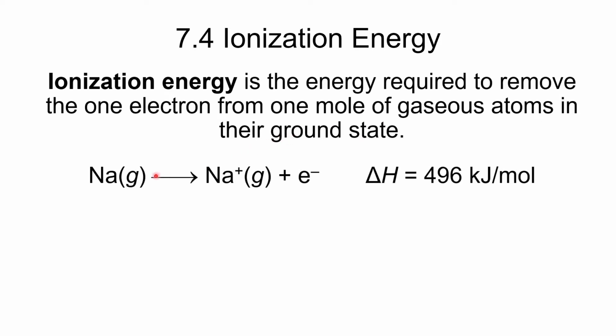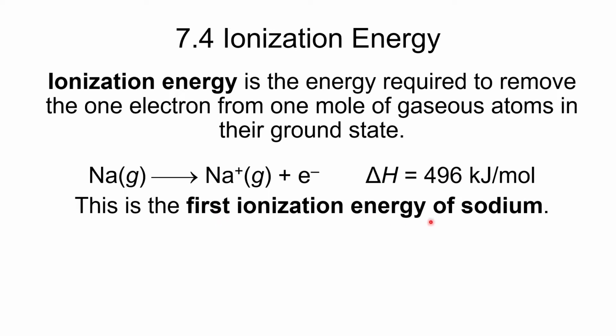So, if you have a gas phase sodium atom in its ground state, you remove 1 electron from it to get sodium ion in the gas phase. Then the delta H of that reaction is 496 kilojoules per mole. That enthalpy is the first ionization energy of sodium.